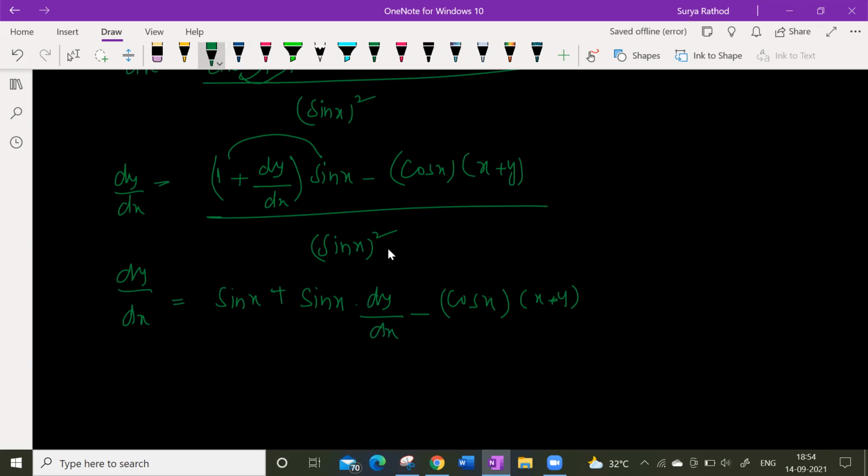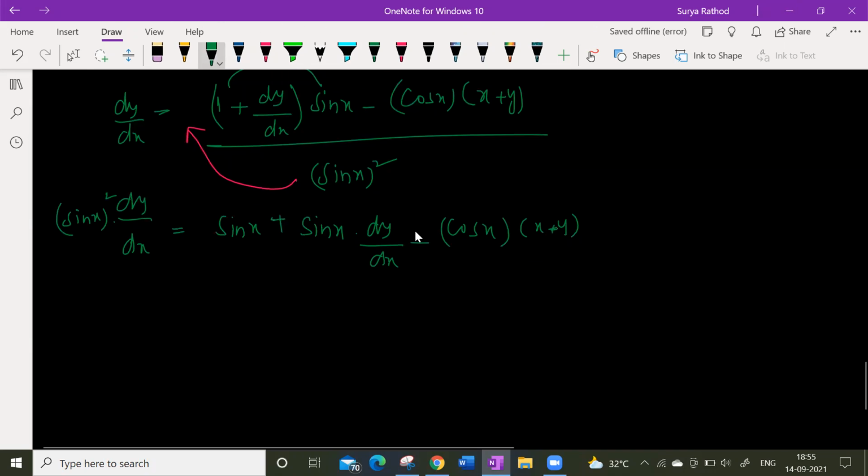Now look at this here. This sin x, I'm just shifting to the right hand side, left hand side. What do I get? sin x whole square. So now look at this here. Here also I have dy by dx term.